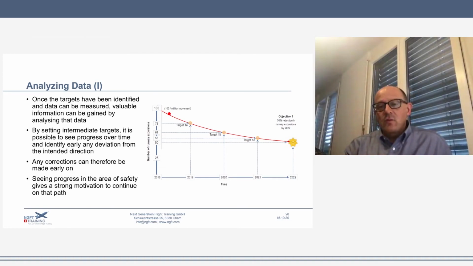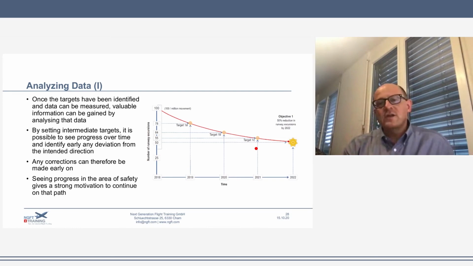Now, we have to monitor this over time to make sure that we are still on track. Yes, the downward trend continues, but what if that changes? How much will we allow it to deviate up here? What happens if it goes down here?